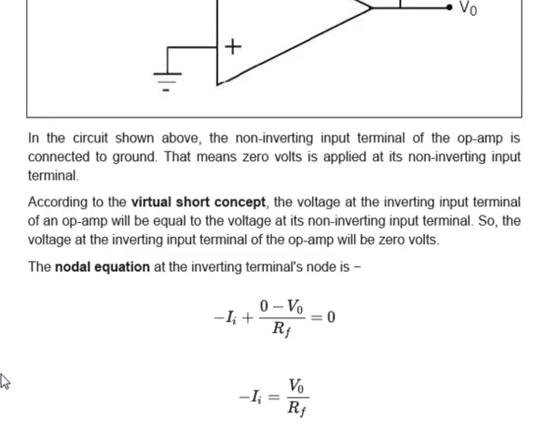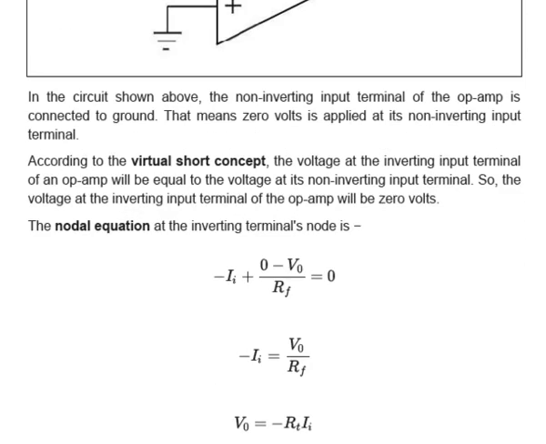So from nodal equation we can write minus Ii plus 0 minus V0 by RF equals 0. So from there, rearranging, we can write V0 equals minus RF into Ii.